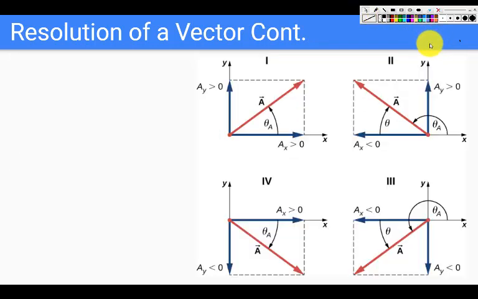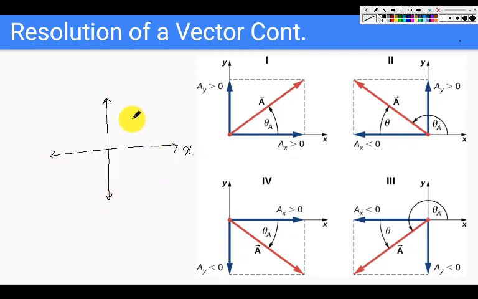Now there are some rules about the resolution of a vector in terms of which quadrant it would be in. You would have already studied this part also, so let me just reiterate it for you. Let's assume that we have something like this. This is my x-axis and this is my y-axis.